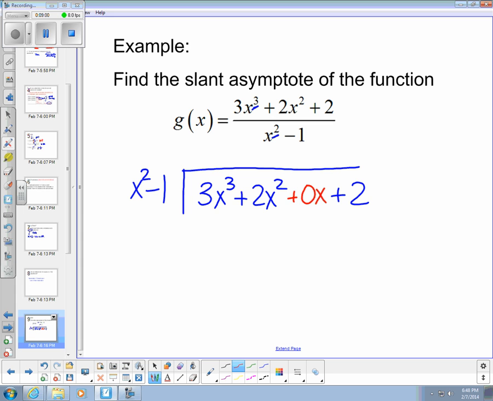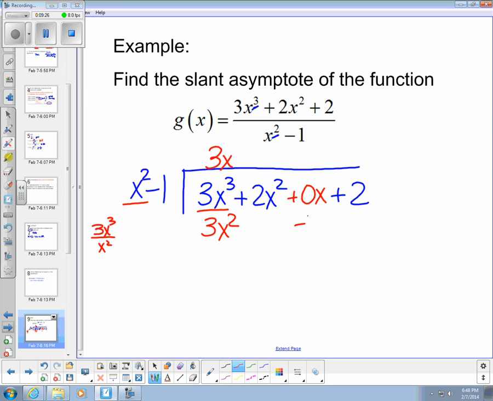Okay, so remember when we're doing long division, we take the first term of the divisor and the dividend, and we divide those out. So 3x cubed divided by x squared would be 3x. Okay, second step is multiply. 3x times x squared minus 1 will be 3x cubed minus 3x.